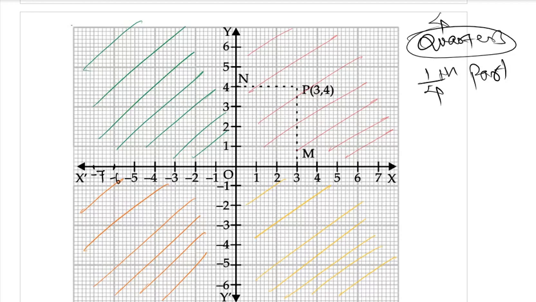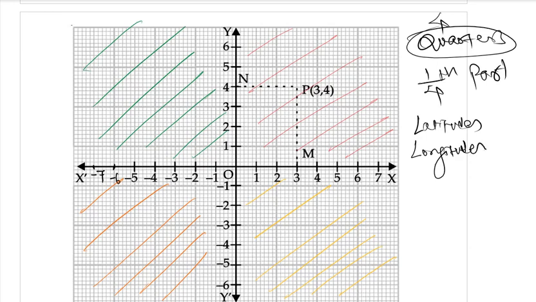In all these four parts, there are some points. And what we can do with the help of coordinate geometry is locate these points. You know the map, the globe, the map of the world, map of a country, right? There are points which are known as latitudes and longitudes.